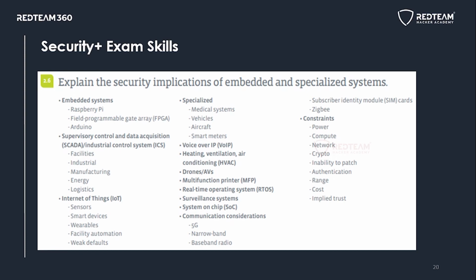Other examples of specialized systems are vehicles, medical systems, voice over IP systems for voice communications, air conditioning systems, HVAC systems, printers, and CCTV cameras. These are all examples of specialized systems that are connected to the network.